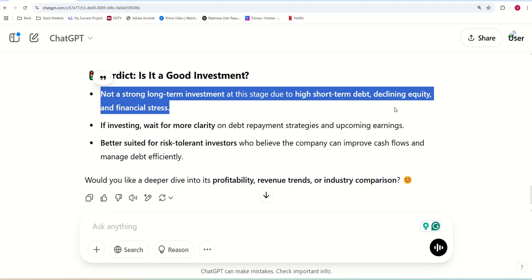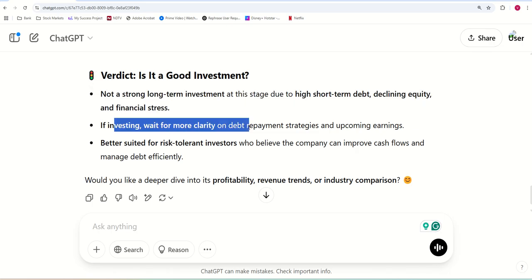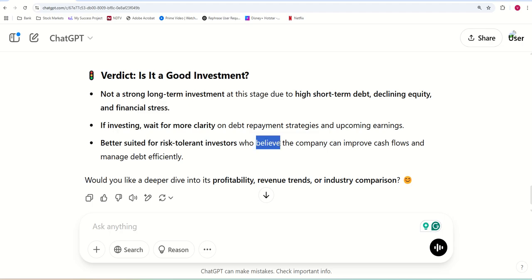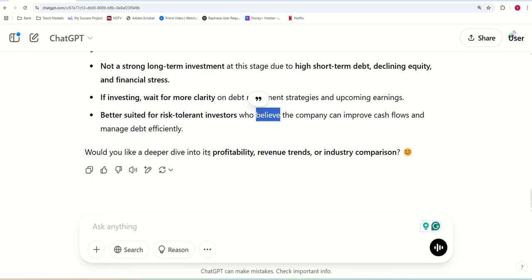You just give the balance sheet, it does some analysis, and the output says wait for clarity, after the debt repayment you can consider it. And it says it is suited for risk-tolerant investors who believe the company can improve cash flows.